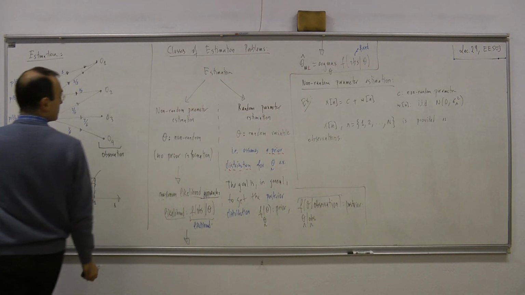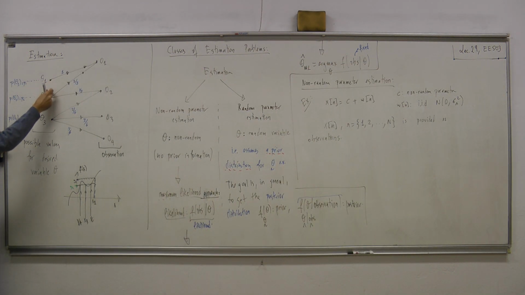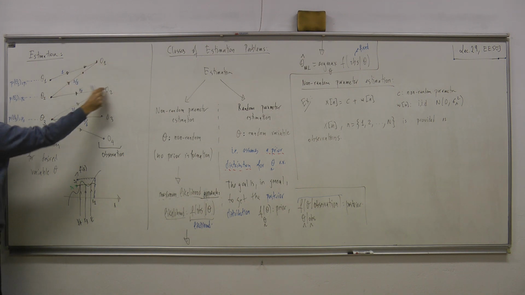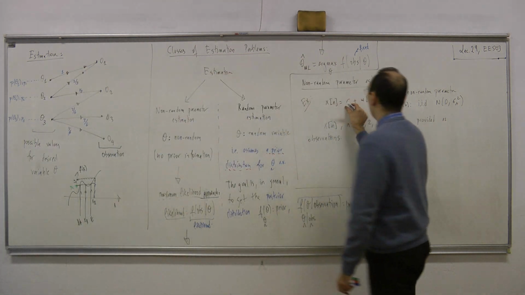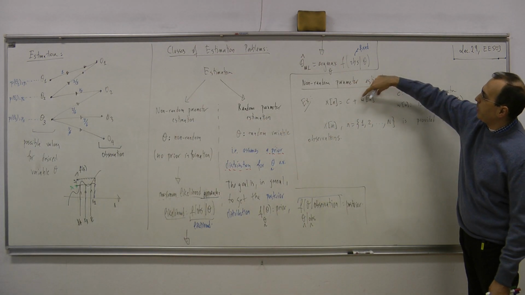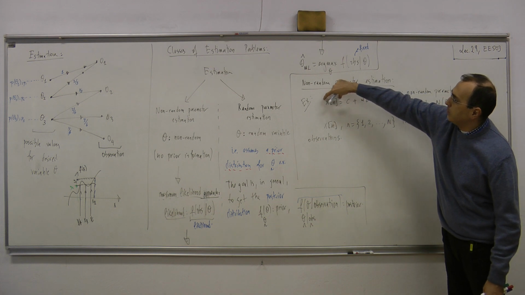So what's going on? c is a constant. I don't know its value. It's a real number, so it can be any real number. Let's say this is the real line. So this is mapped to some other real number by adding Gaussian noise, so I get another real number.